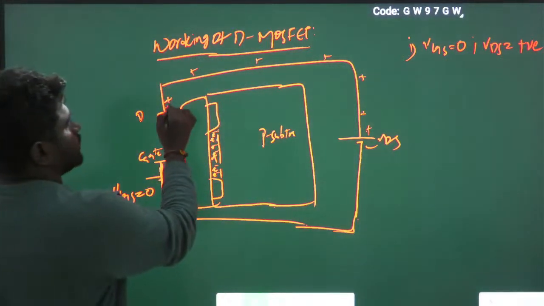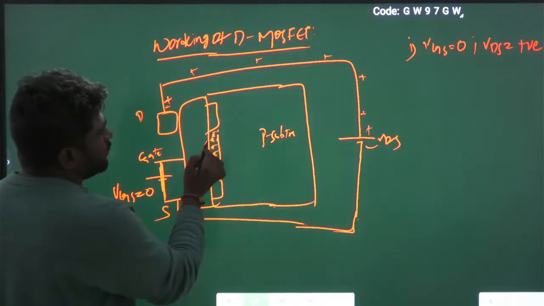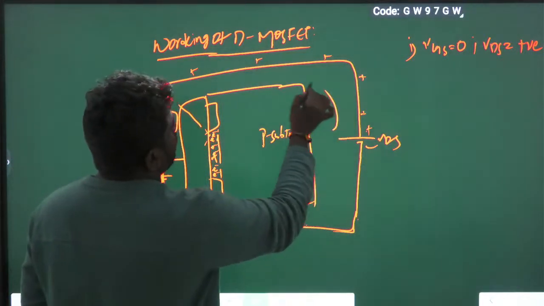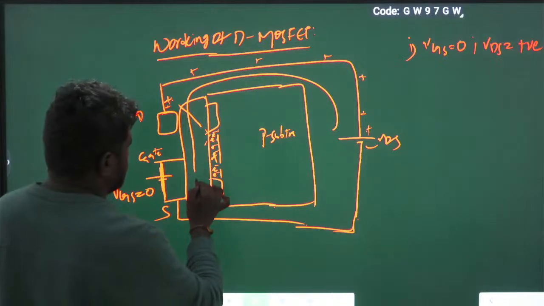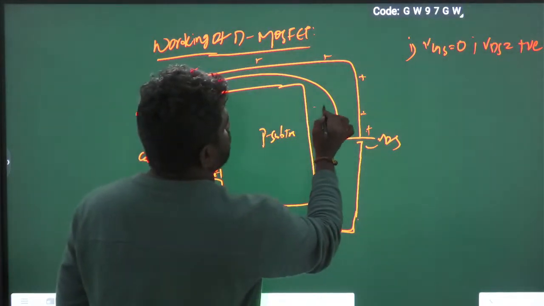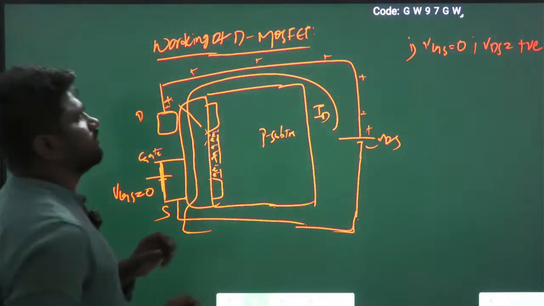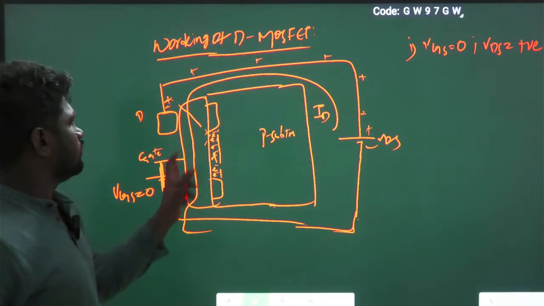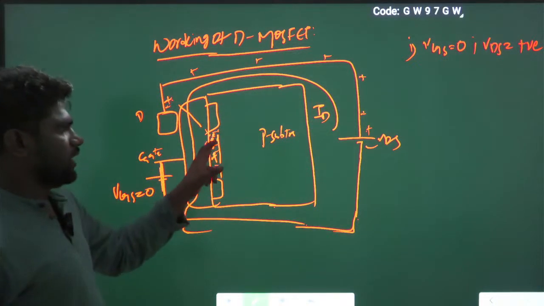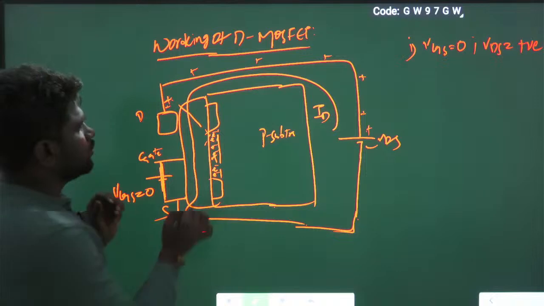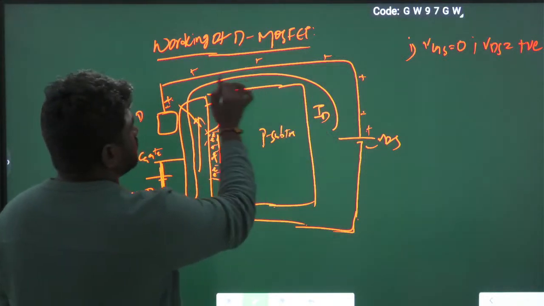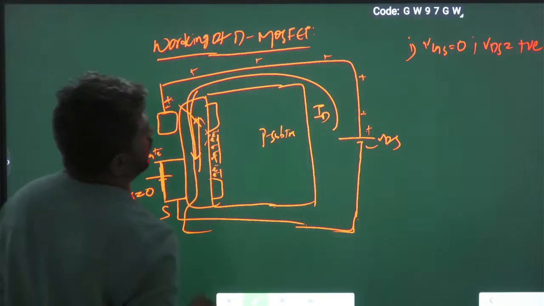This is the positive charge, this is the negative charge, so these two get attracted. So current flows like this to the source terminal. This is the ID current, the drain current. Current always flows opposite to the electron movement. Electrons are going like this and current is coming like this.